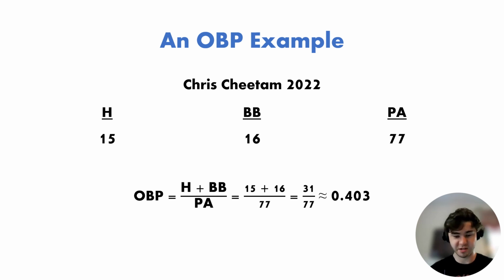So, substituting those numbers into the formula, you get 15 plus 16 divided by 77, which is 31 over 77, and rounds to 0.403, which in on-base percentage terms is 403, or just 403.